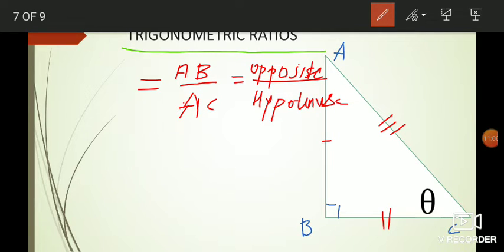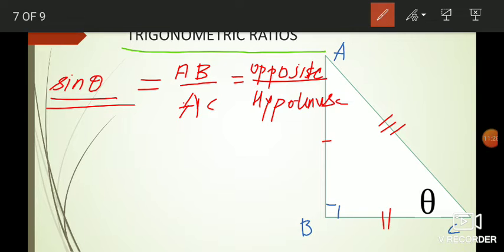Opposite upon hypotenuse. So this ratio, I am naming it as sine theta. What is this sine? What is cos? What is tan? There is no meaning of trying to understand this. There is just a name, sine theta. You have to remember it.